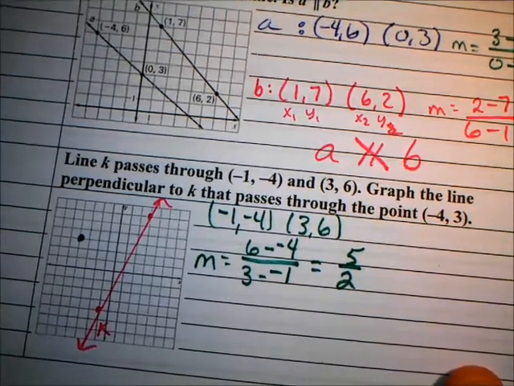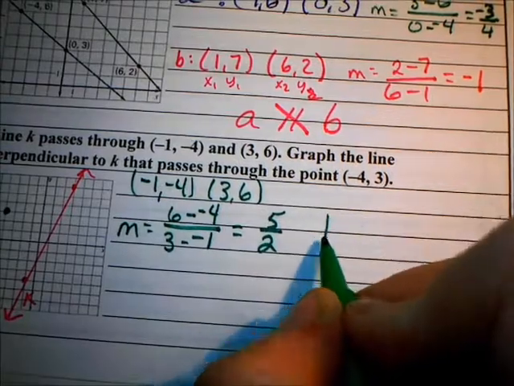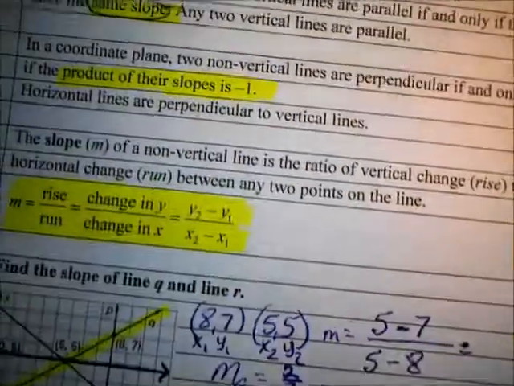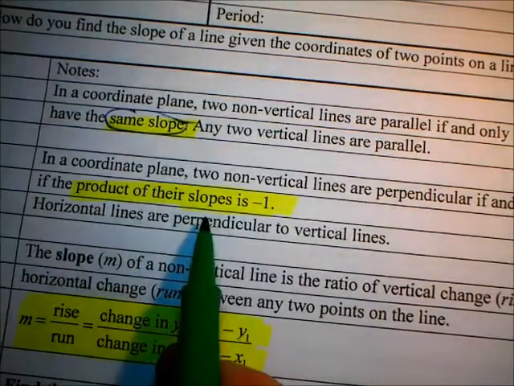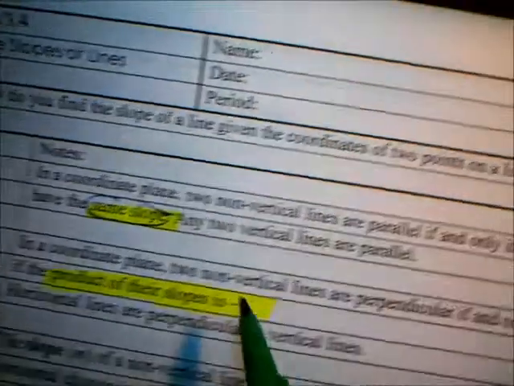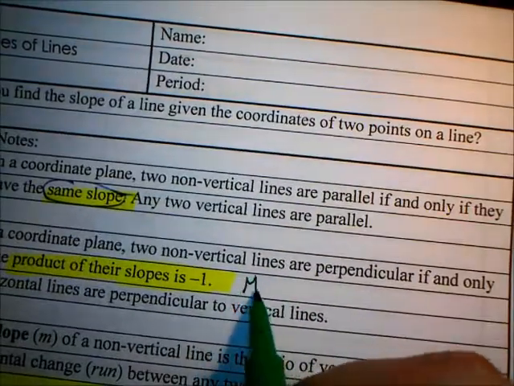Alright, I want to find the perpendicular slope. Perpendicular, that's the upside down T. The perpendicular slope says the product has to be a negative 1. Well, to find the perpendicular slope, basically, I want the multiplicative inverse.